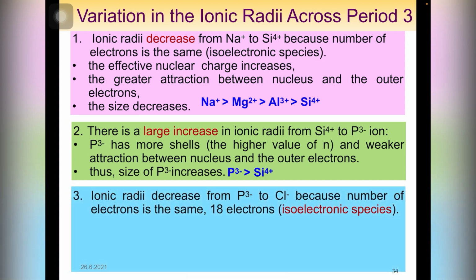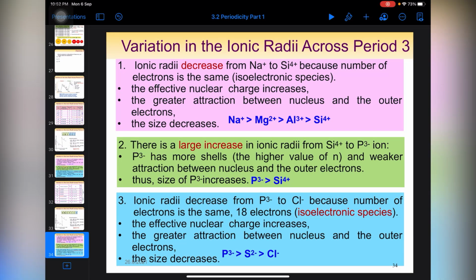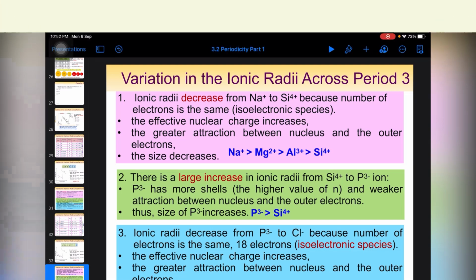And the explanation for the anions is the same: the effective nuclear charge increases, so there is greater attraction between the nucleus and outer electrons. That's why the size decreases. So this is the arrangement for the ions in period 3. That's all. Thank you.